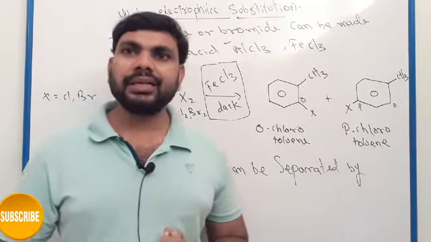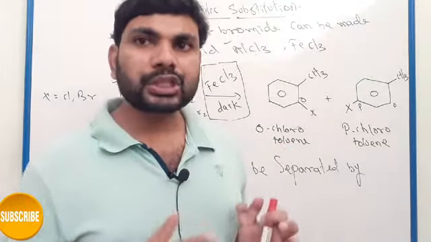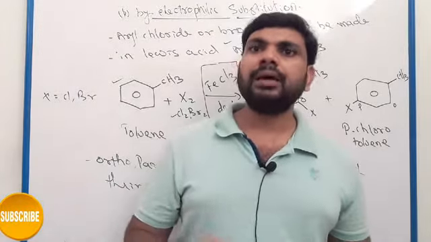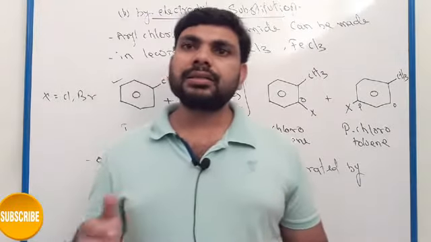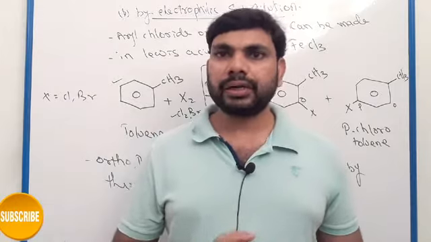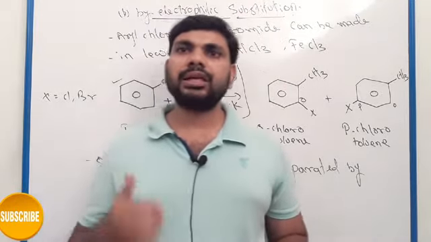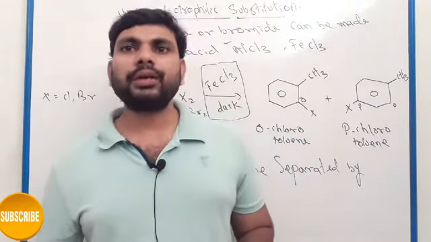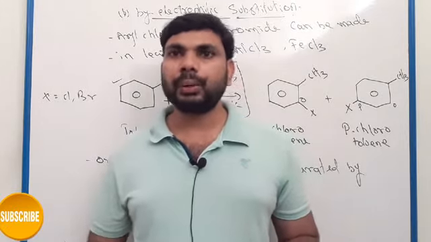So here we discussed preparation of haloalkane from hydrocarbon. There are two methods from hydrocarbon. First one, free radical substitution, we discussed already. This is electrophilic substitution, where we will produce aryl compound, aromatic compound, chlorine or bromine reacting with toluene or aromatic compound.